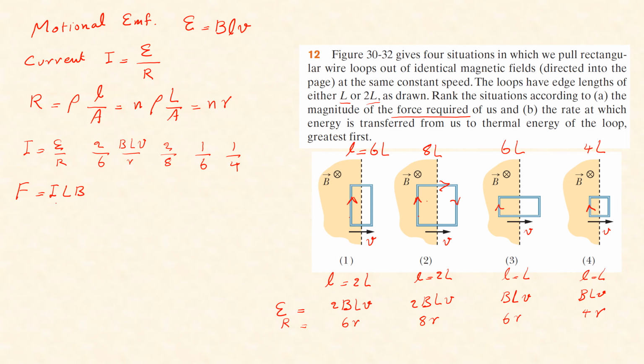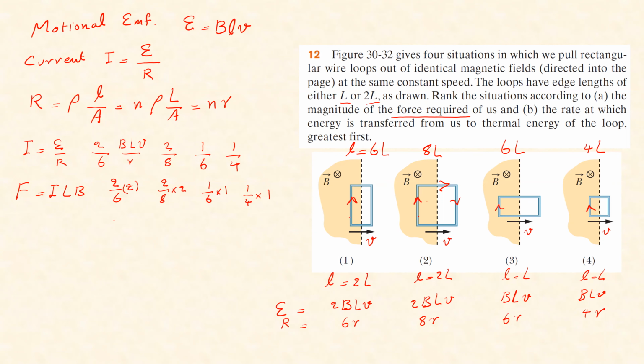So ILB becomes 2/6 for I times 2, and then here becomes 2/8 times 2. This becomes 1/6 times 1. The other one becomes 1/4 times 1.